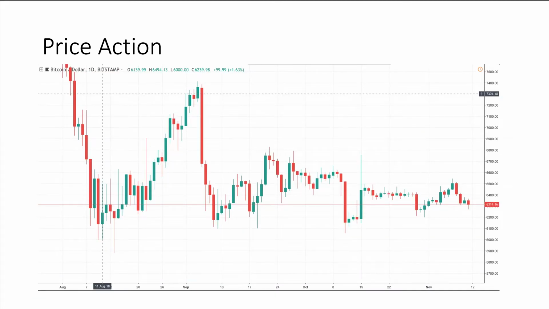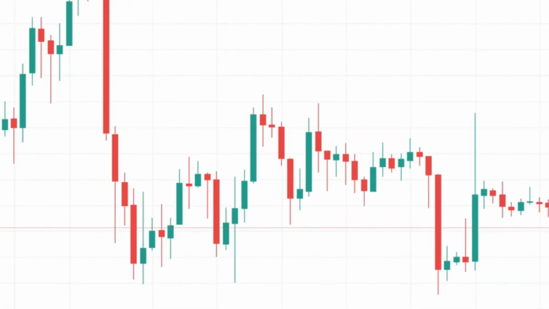We have removed all of the indicators now, and what we are left with is just the price action represented in candles. This chart is the price action of Bitcoin on the daily time frame. Because this is a daily chart, each candle represents the price movement of one day. If we were looking at an hourly chart, each candle would represent 1 hour.